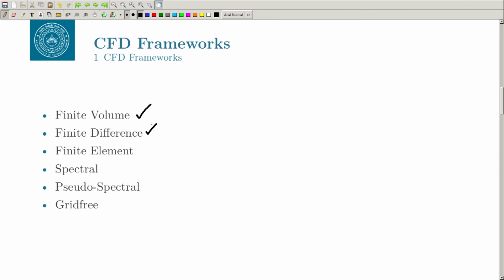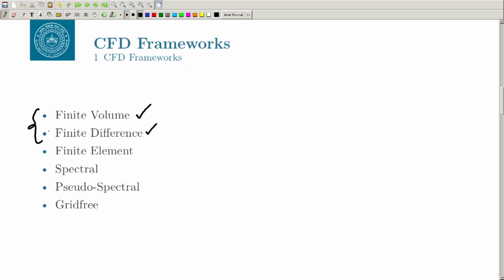These are the two most popular frameworks in engineering CFD, and it is very important to understand the difference between the two. First, let us go with the finite difference. It is very easy to represent your differential equation in terms of your finite difference scheme. That is the easiest approach.